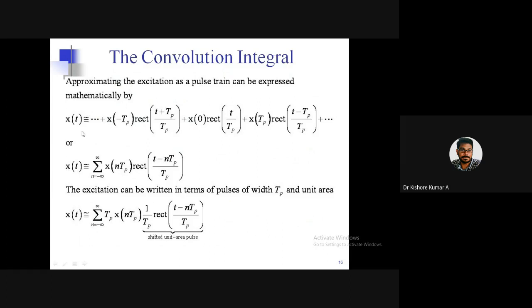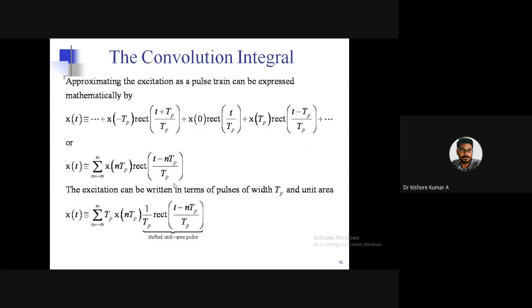That is the approximation: x of t is approximately x of minus tp rect of (t plus tp) by tp, plus x of 0 rect of t by tp, plus x of tp rect of (t minus tp) by tp, and so on. Finally we can approximate this by the summation over n from minus infinity to plus infinity of x of n tp, rect of (t minus n tp) by tp.